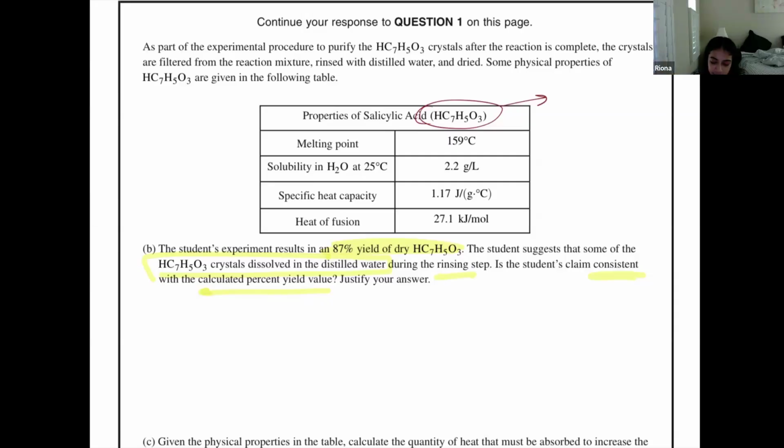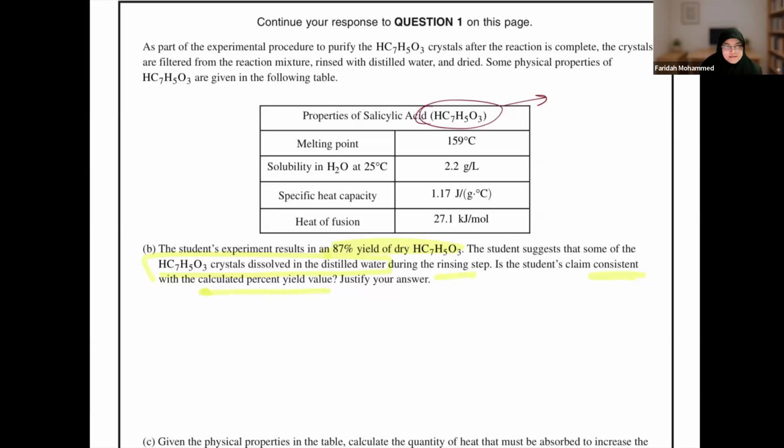So I didn't say anything about it being soluble, I just said that since the percent yield is not 100%, that means some of the HC7H5O3 was lost throughout the filtration process, which is why the student claims this. Filtration. You said filtration. The student did not say it's during the filtration. It said during the rinsing.